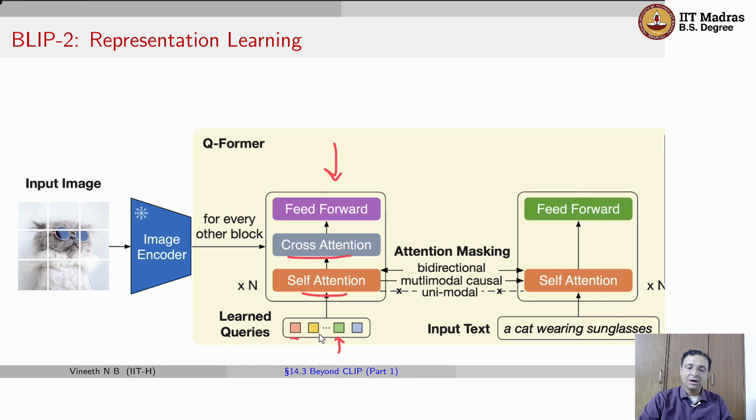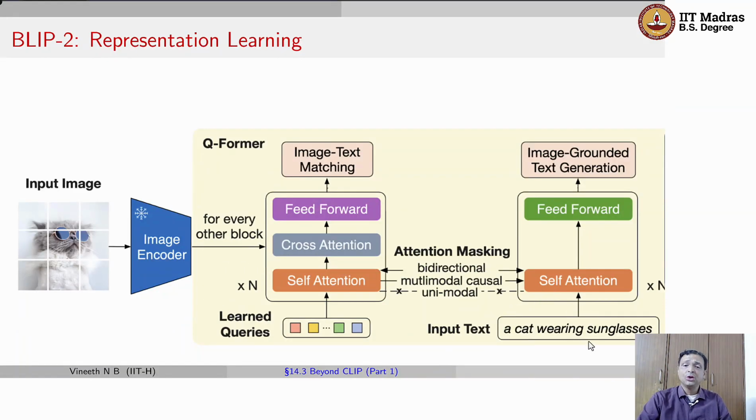These tokens are vectors that are pre-initialized to some values, but when the model learns, it is also updating these tokens through backprop. That's what we mean by learned queries. These are provided as input, and in the cross-attention layer, we have cross-attention between these query tokens and the image tokens, and that output is provided to a feed-forward layer, which then takes it forward. We'll talk about that part soon.